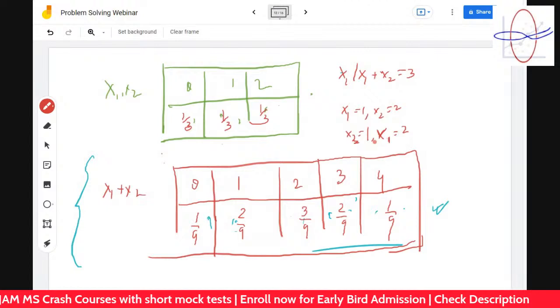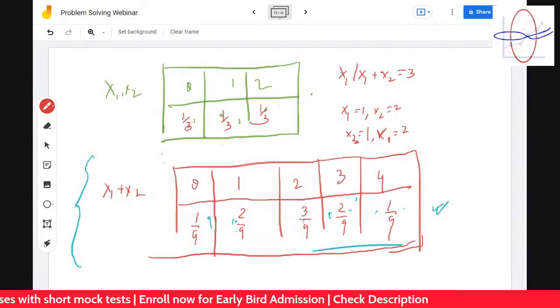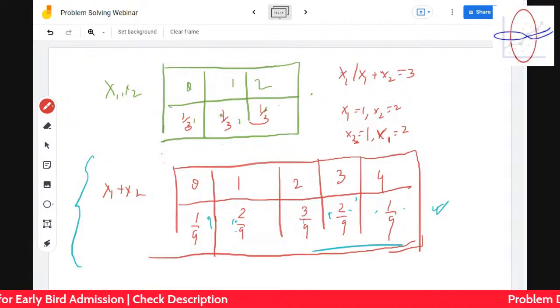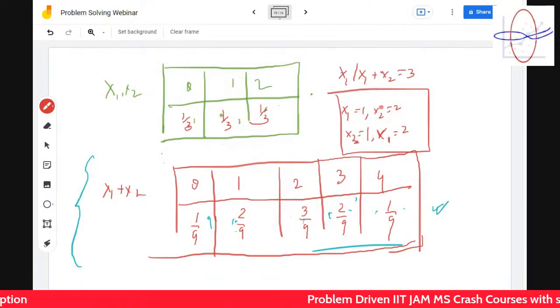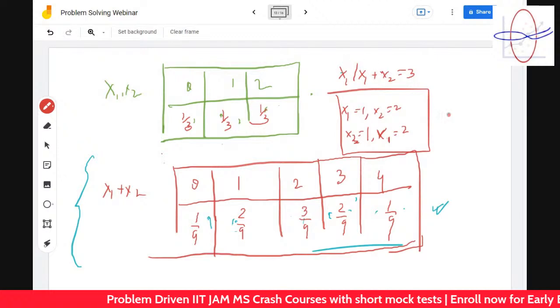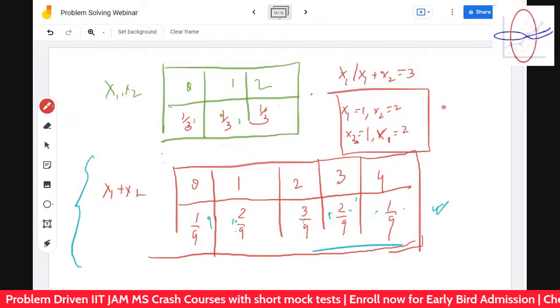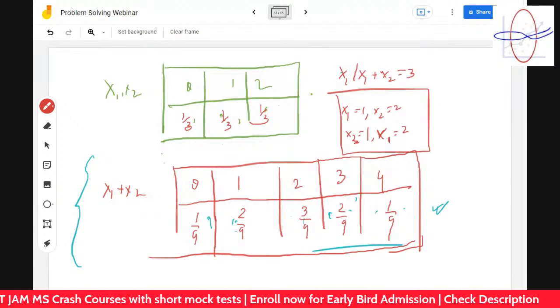Yes, so these are the only two possibilities. So even 0 is not possible over here. So in binomial, 0 is even possible. So 0 is not even possible over here. So कुछ तो गड़बड़ है.